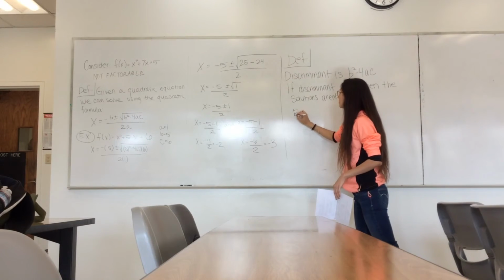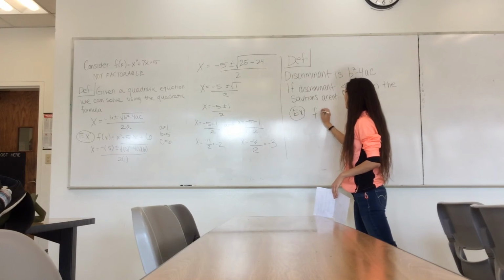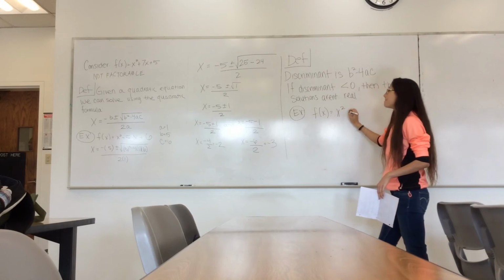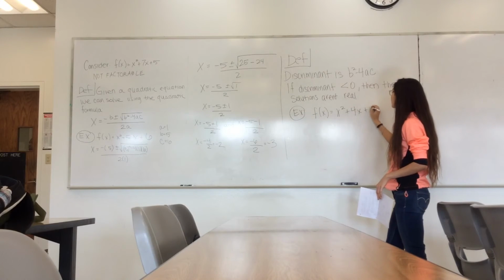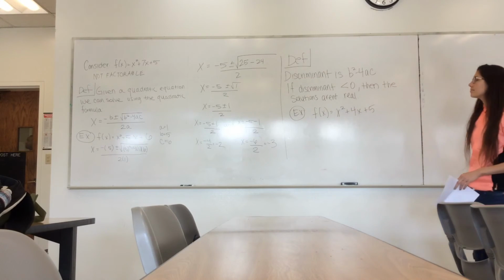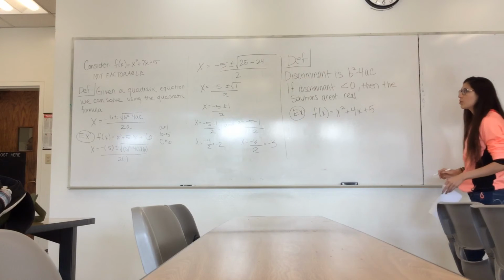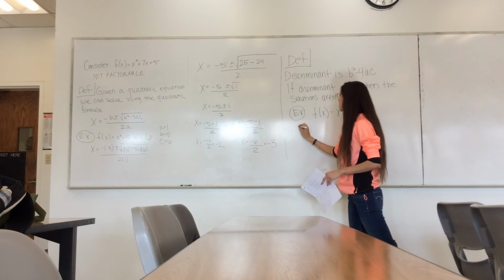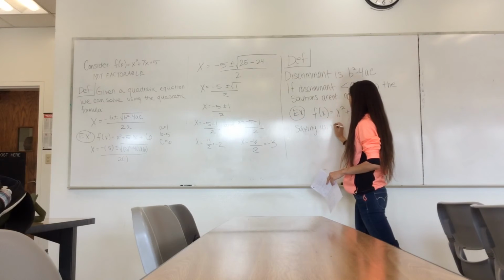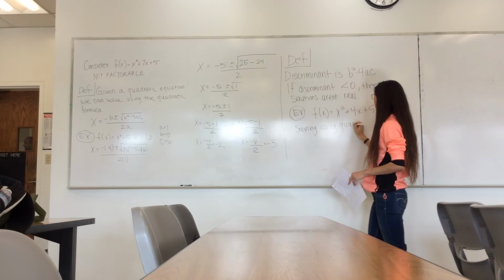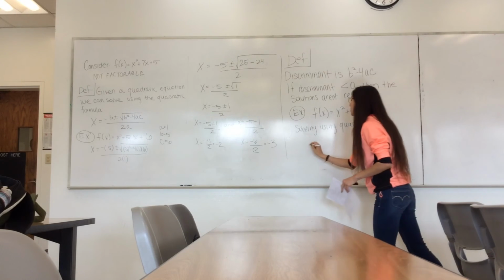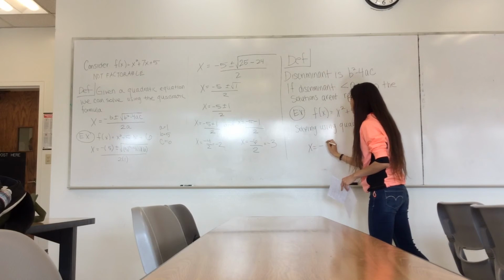For example, let's look at f of x is equal to x squared plus 4x plus 5. Okay, we can't factor that. So let's hit it with the quadratic formula. Solving using the quadratic formula, we get x is equal to negative b.